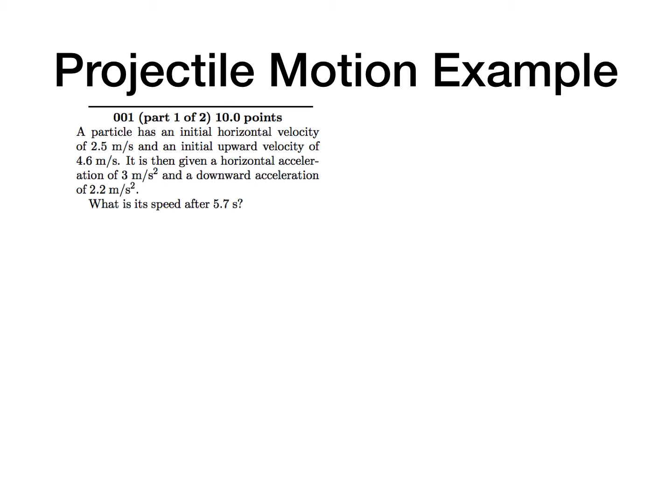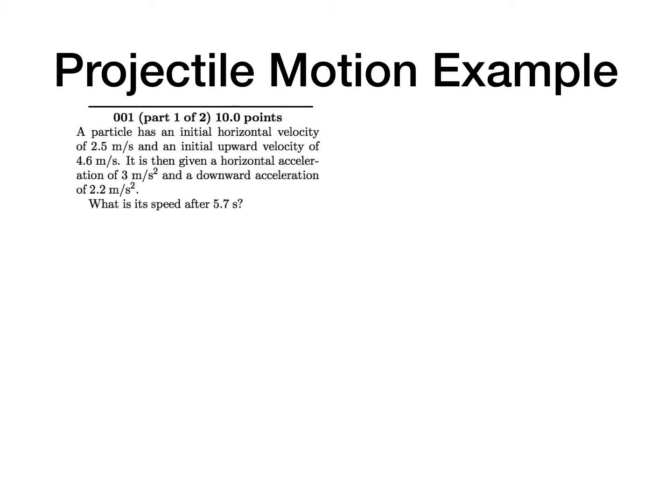We will be finding what the speed was after a time of 5.7 seconds. As we said in the last slide, the key to solving a two-dimensional projectile motion problem is to split our question up into two one-dimensional problems, and then put them together and solve using the equations that were given on the last slide.